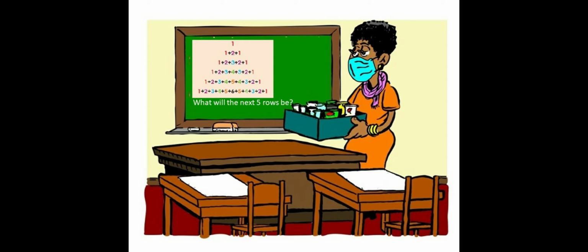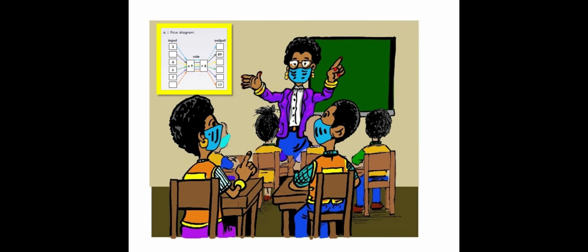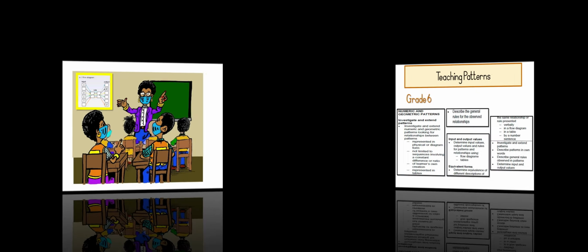Learners must be allowed to investigate and extend numeric and geometric patterns, looking for relationships or rules of patterns. Learners should practice determining input values, output values, and rules for patterns and relationships using flow diagrams. And grade 5 learners must be able to determine equivalence of different descriptions.